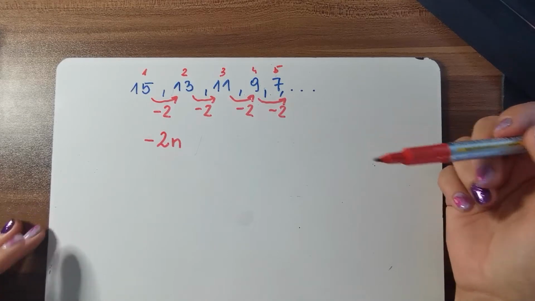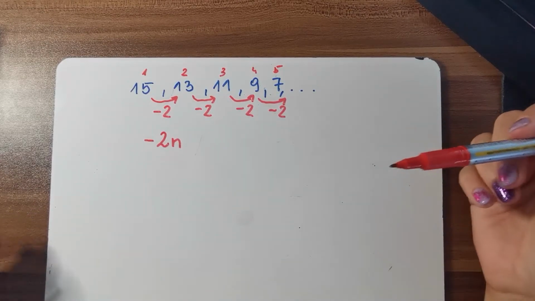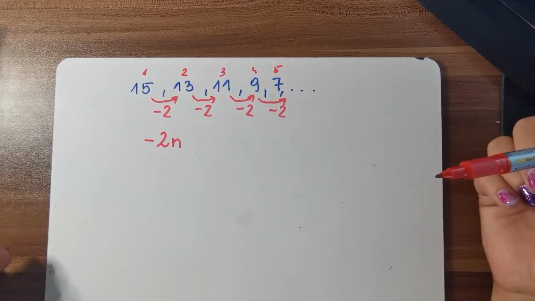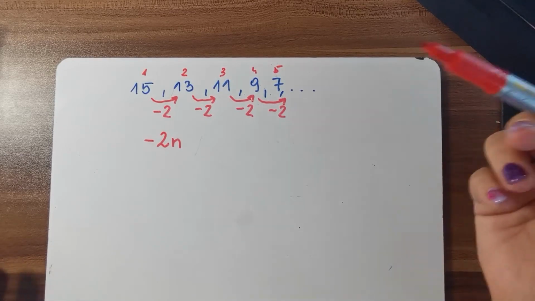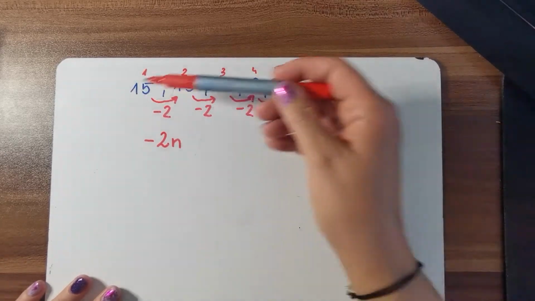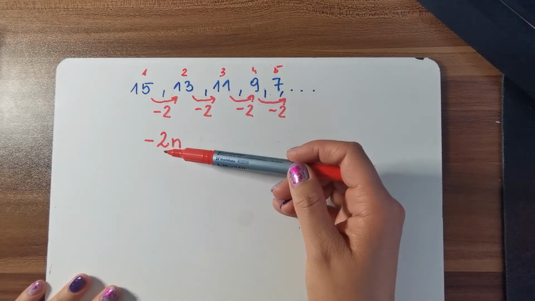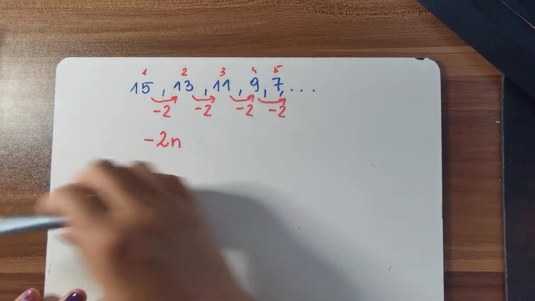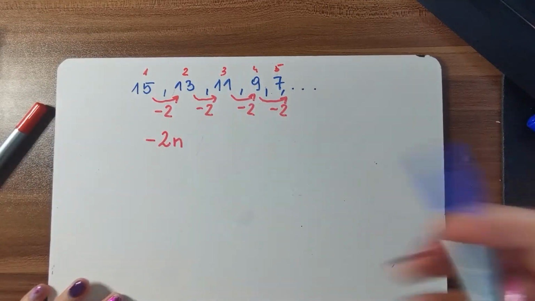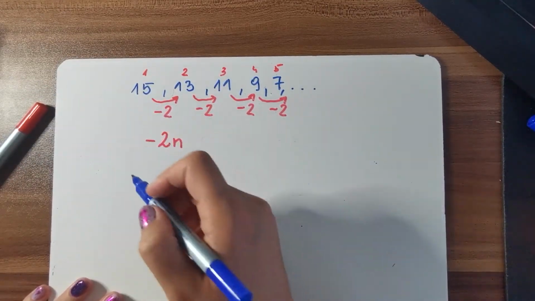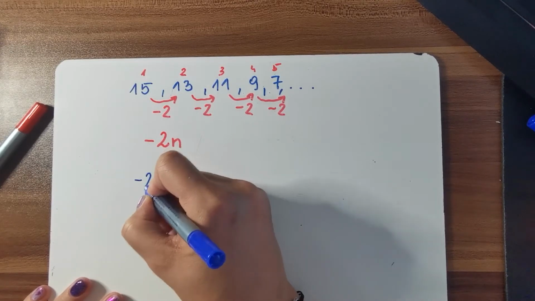And now we need to find what number we add or subtract to get our first term. So we will compare the terms in our sequence with the minus 2 times table. Minus 2 times 1 on the first position gives minus 2.